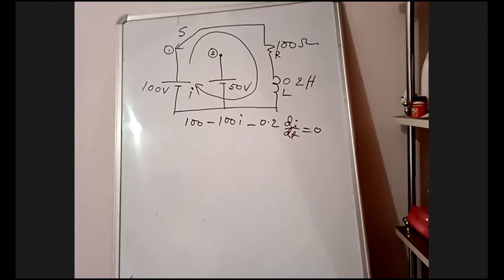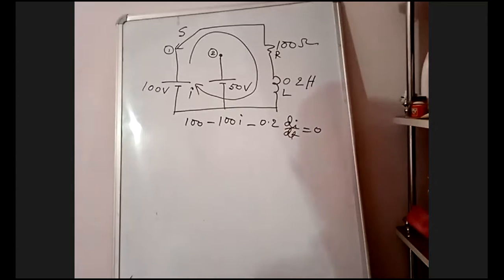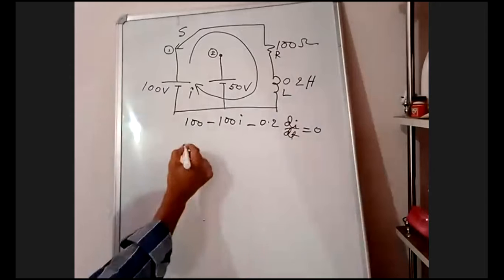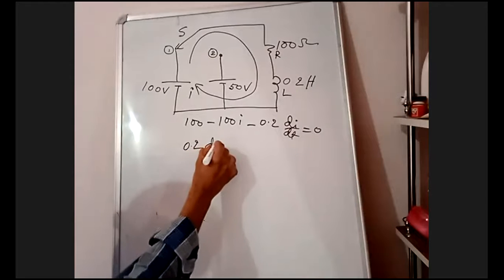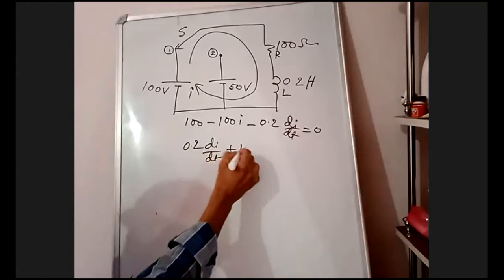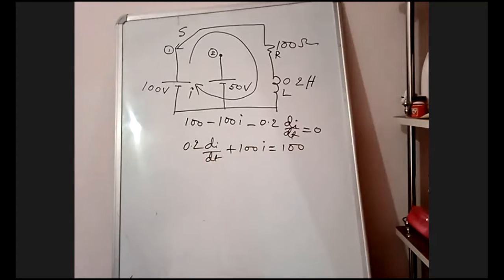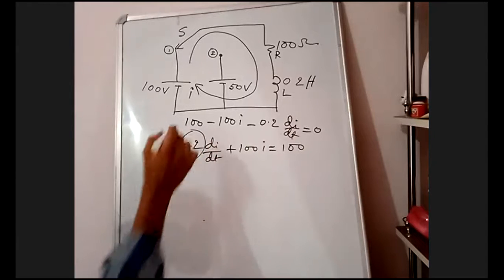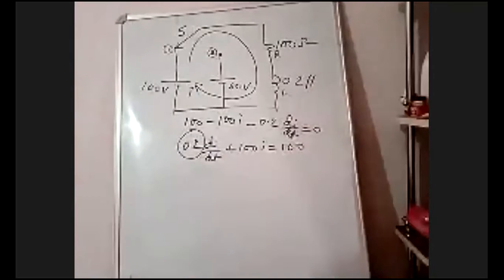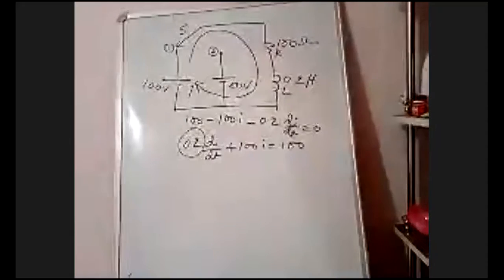What do you have to do now? Find the integrating factor. Make the coefficient of di by dt 1.